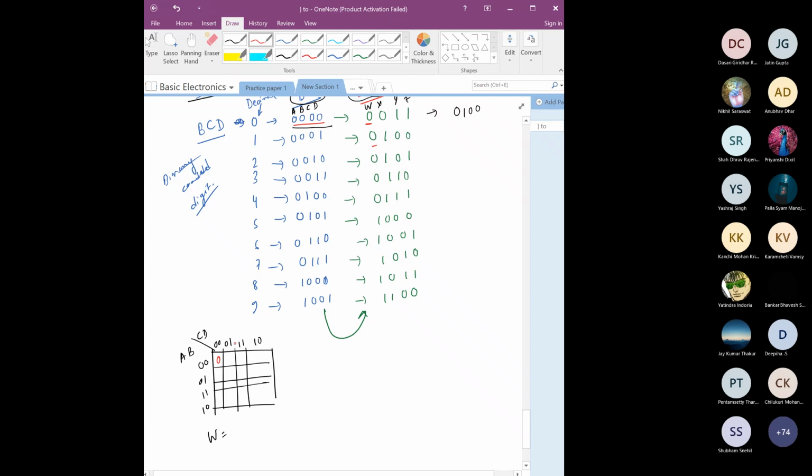Next one is 0. Next one is 0. Next one is 0. Next one is 0. Next one is 0. Next one is 1. Next one is 1. Next one is 1. Next is 1. After that it becomes 8, right? 8 will come here, 1. Next one is 1, right? Okay. What about the digits, for example 10, 11, 12, 13? What can we do for those?